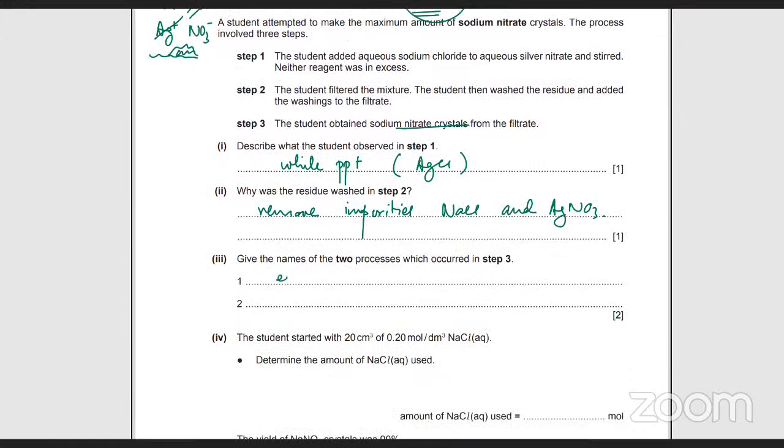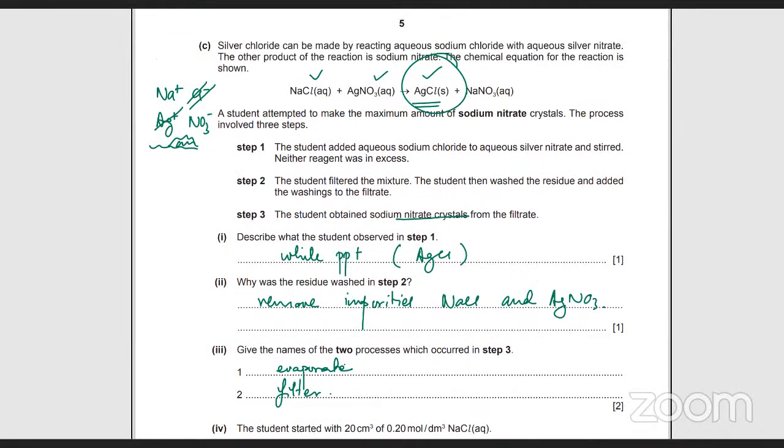So you do evaporation. And when crystals form, cool gradually, you filter out the crystals. Okay, so always remember, in ionic precipitation you first form a precipitate, an insoluble salt, you filter it out, you wash it, and then you just dry it in sunlight.